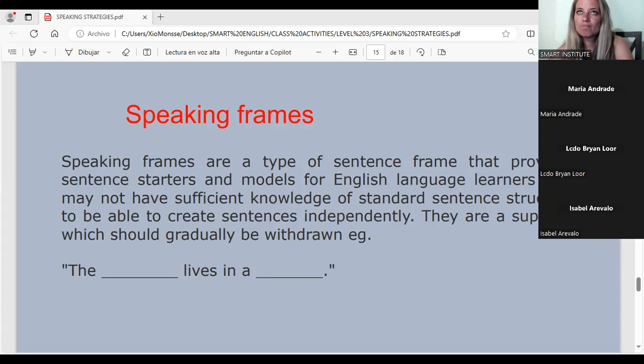Don't elicit the words, elicit the exercise so that your students produce. Okay, so on the internet you can search a lot of exercises that you can do with your students.